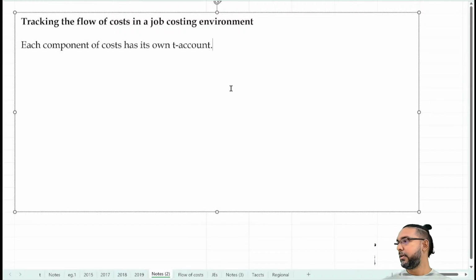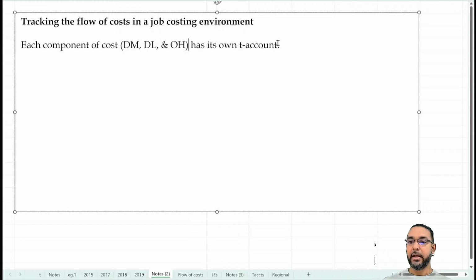Thanks very much. Right, so each component of cost: direct materials, direct labor, and overhead, each has its own T account.